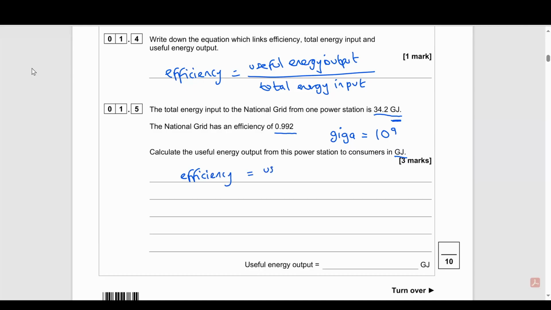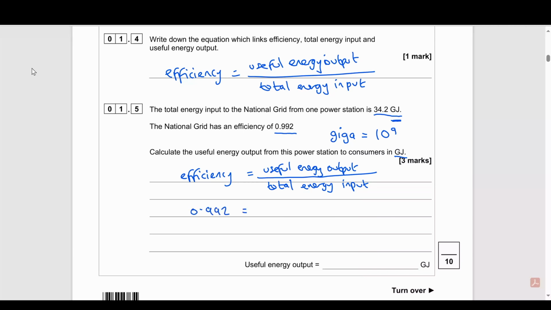So our equation again to calculate efficiency is what we need to use. So once we do that, we just need to plug the numbers into our equation again in the right way, to guarantee ourselves that mark.